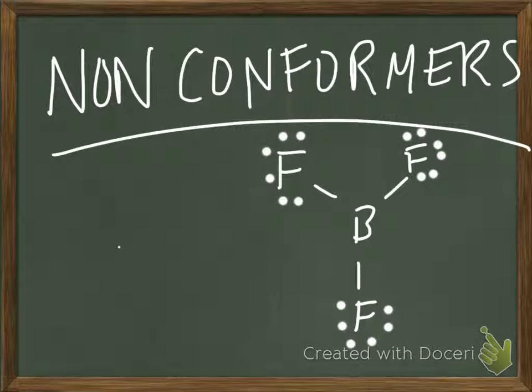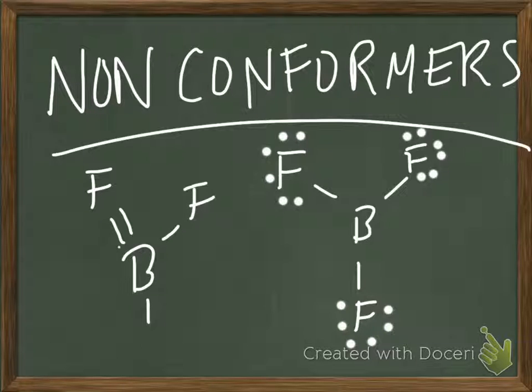What I find interesting, and this is totally above what you need to know, but for those of you going on in chemistry, you may find it interesting. I read an article about this particular compound, about that double bond structure that I showed. Experimentally, when they look at the bond length in boron trifluoride, the bonds are not as short as you would expect a double bond to be, but they're a little bit shorter than you would expect a single bond to be.